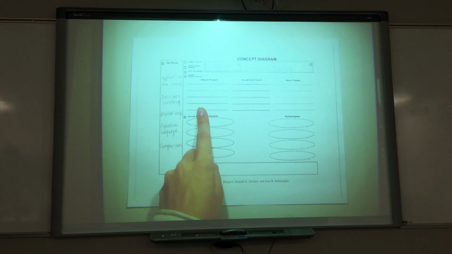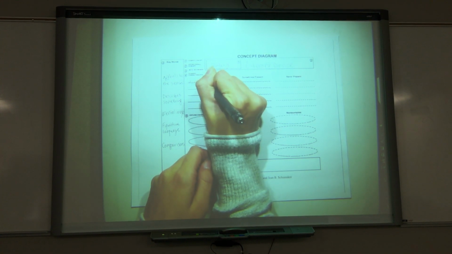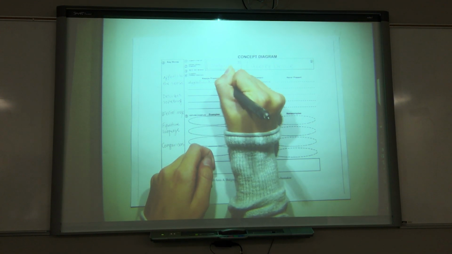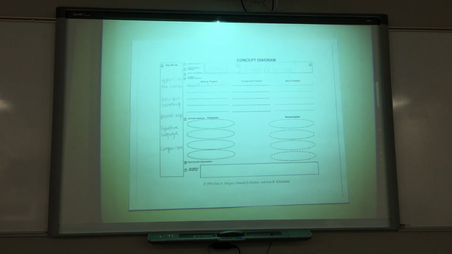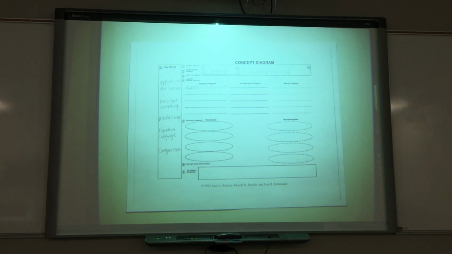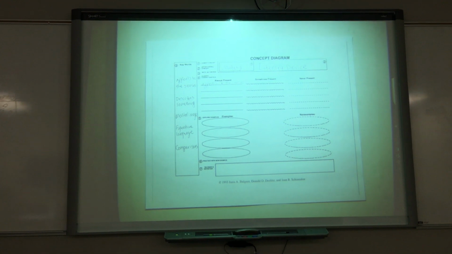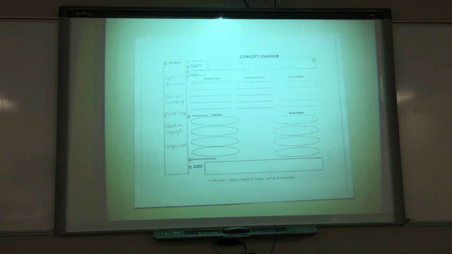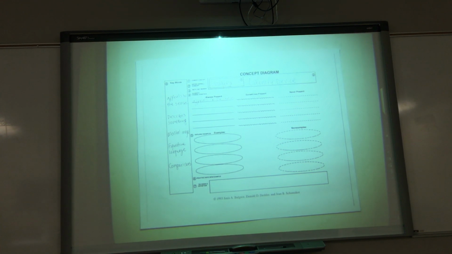Imagery always appeals to the senses, so we're going to write that on our first line here. Appealing to the senses is using all 5 senses when we're able to. Sometimes when using imagery, we can't use all of our senses, but regardless, it still appeals to more than one.